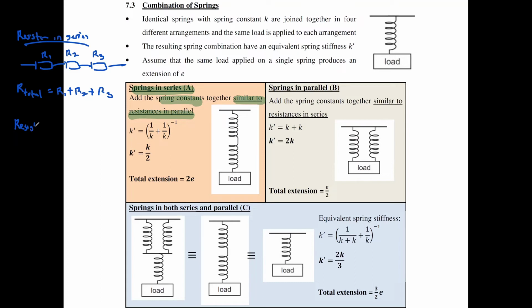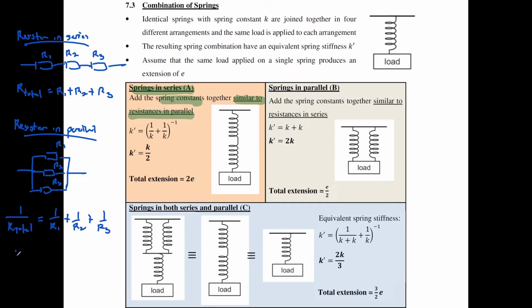If I have resistors in parallel like this, R1, R2, and R3, the total resistance has an expression that looks like this: 1 over R total is 1 over R1 plus 1 over R2 plus 1 over R3. It can be rewritten as (1 over R1 plus 1 over R2 plus 1 over R3) to the power negative 1.